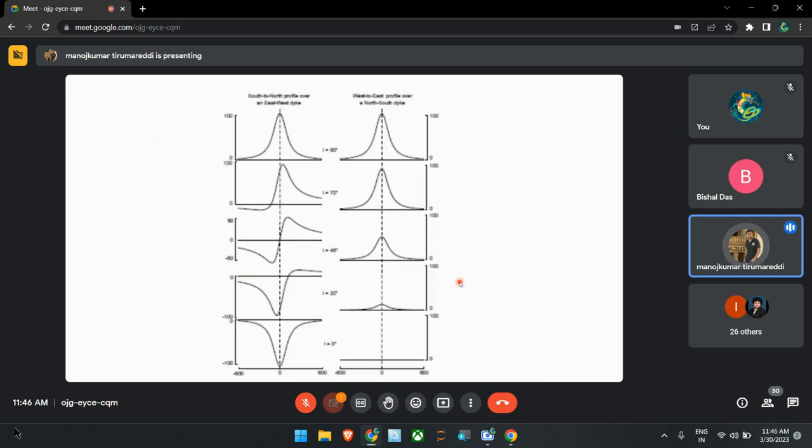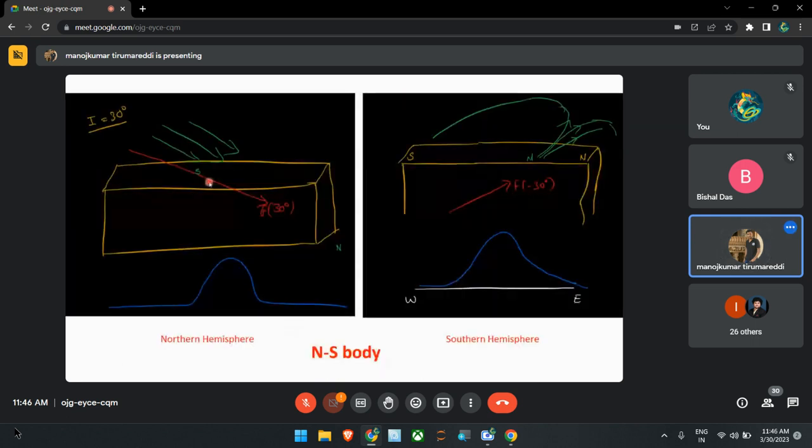Earlier, if you see in the northern hemisphere, field direction is like this, going below towards the geographical north. So it will create the South Pole here and North Pole somewhere in the depth. So field lines come like this here, and it will go here.